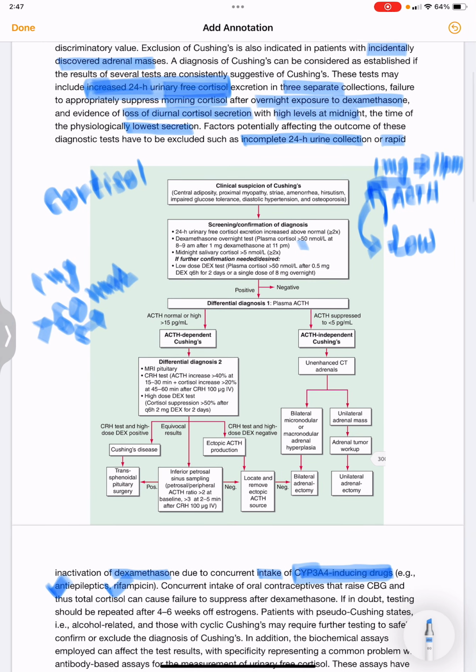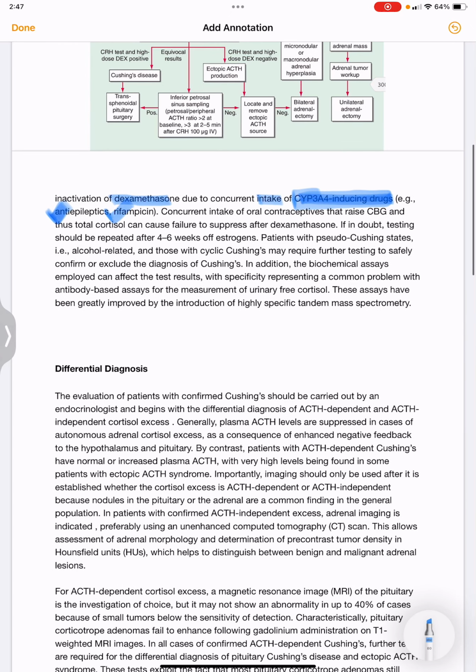So we have to make sure that there is a complete 24-hour urinary collection and the patient is not on any CYP3A4 inducing drugs.